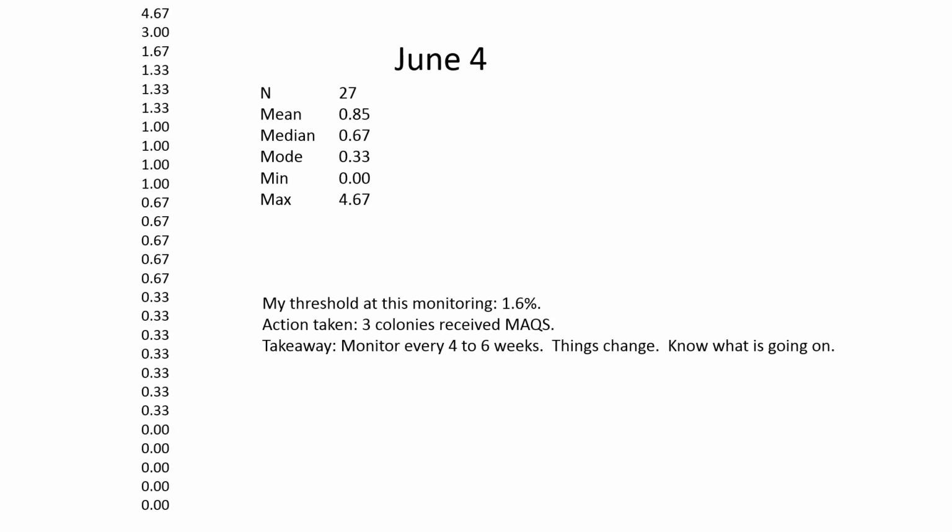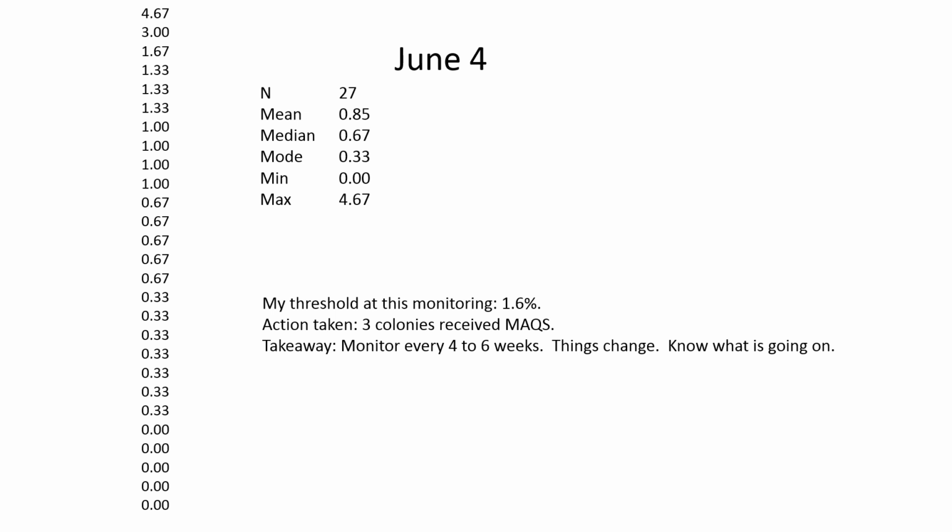June 4th, early June, we monitored 27 colonies. Again, there were more colonies in the apiary. Only monitored those that were queen right at the time. The average was 0.85% infestation, or 0.85 mites per 100 bees.